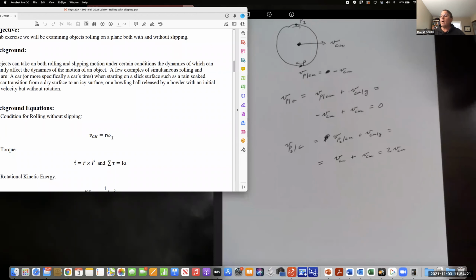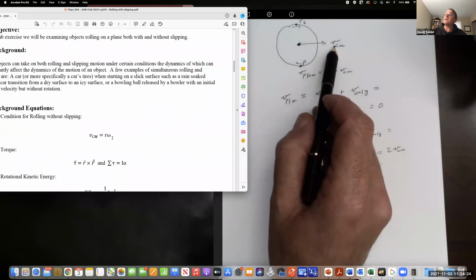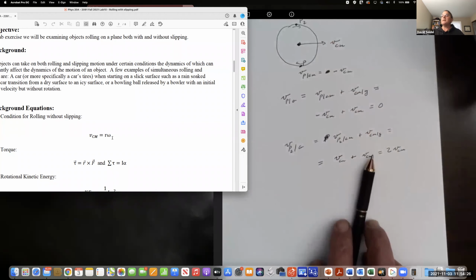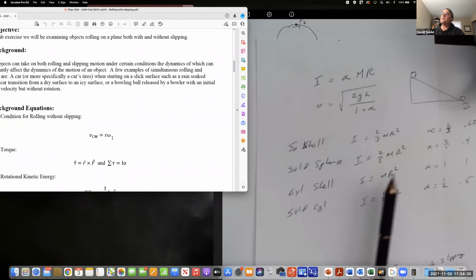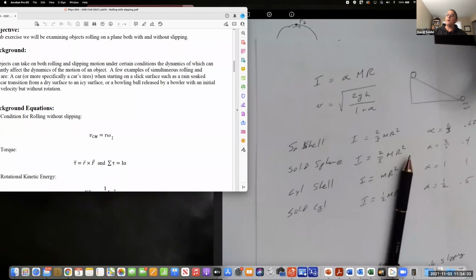So what we're going to do is this V center mass is going to get slowed down, and the rotation is going to speed up. We're going to put translational kinetic energy into rotational kinetic energy.